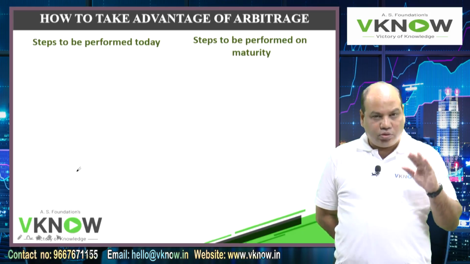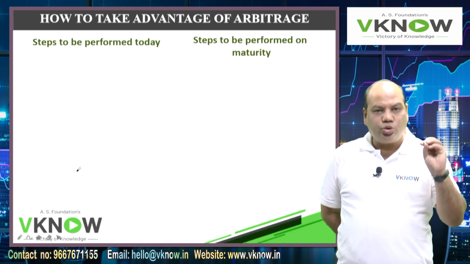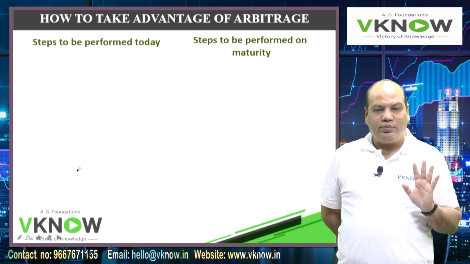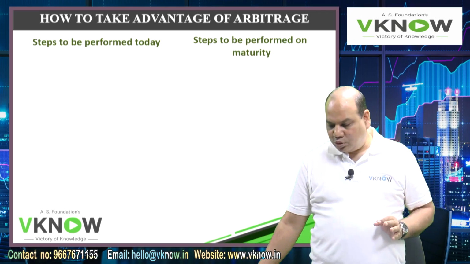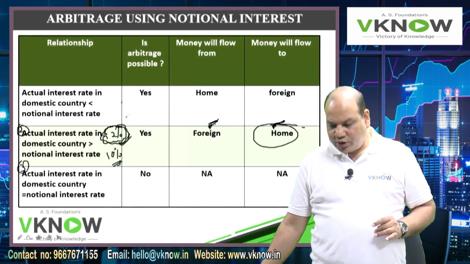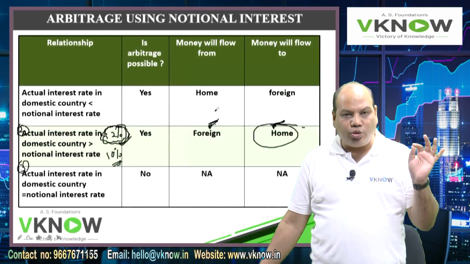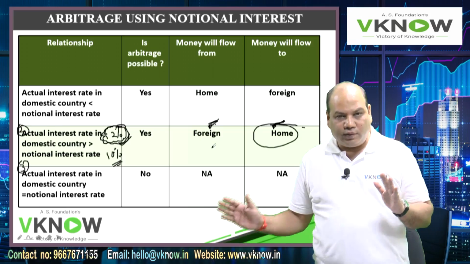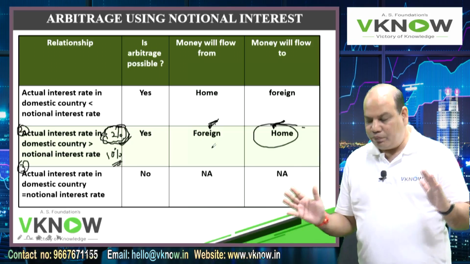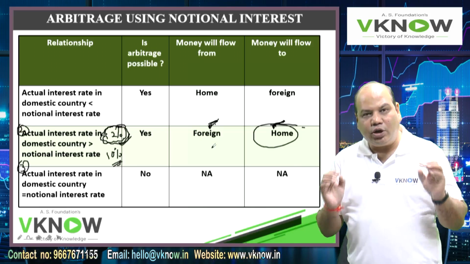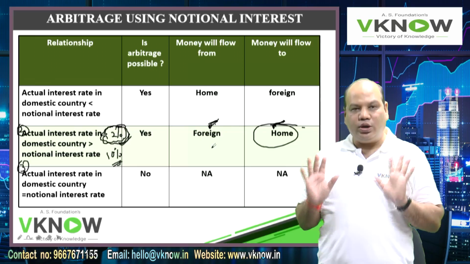First thing you should do: find out the notional interest rate, compare with the actual interest rate, and after comparing as per this table, decide whether you will borrow in home country or in foreign country. So the first part is finding the notional interest rate and deciding where you will borrow from and where you will invest.